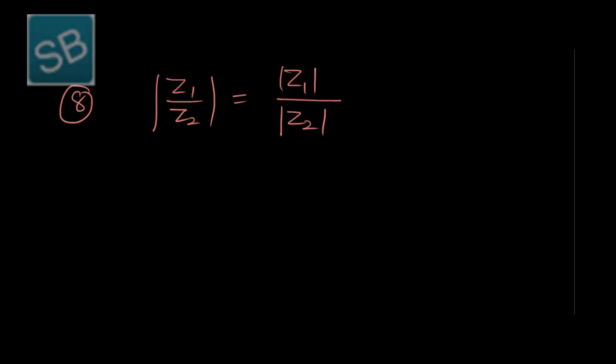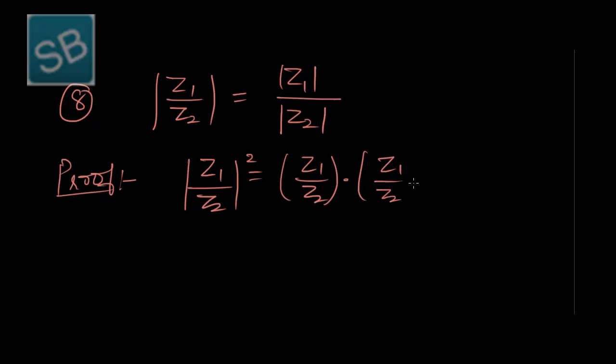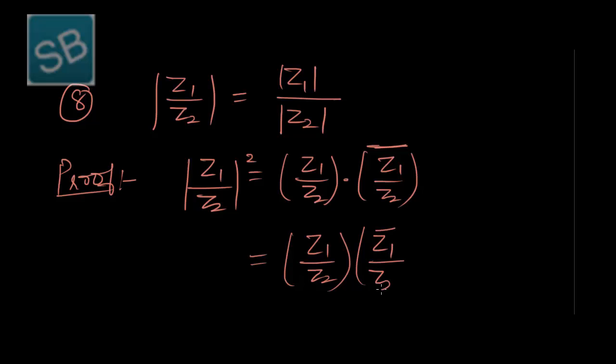So here the proof is: mod z1 over z2 whole square is equal to the same z into z bar. Here we are taking z as z1 over z2. As we know the quotient property of the conjugate, it becomes z1 bar over z2 bar.